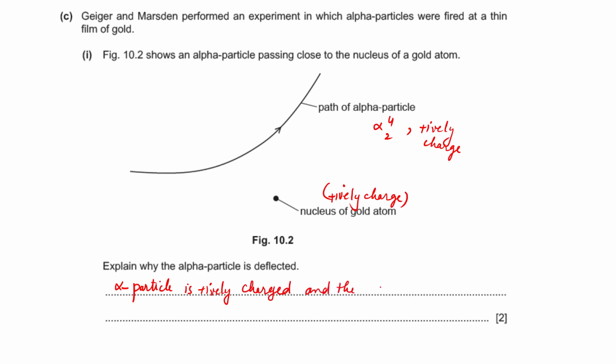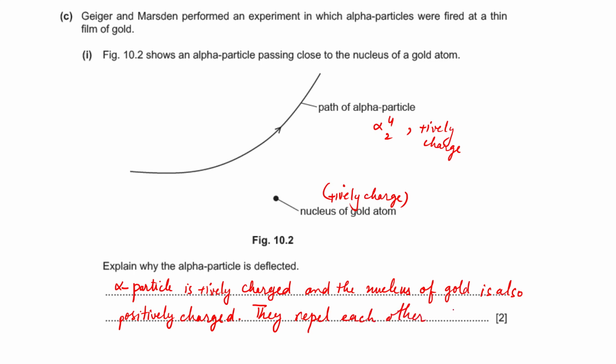The nucleus of gold is also positively charged. When two positively charged particles come close to each other, they repel each other. So that is why the alpha is deflected.